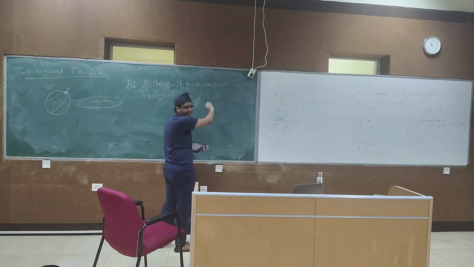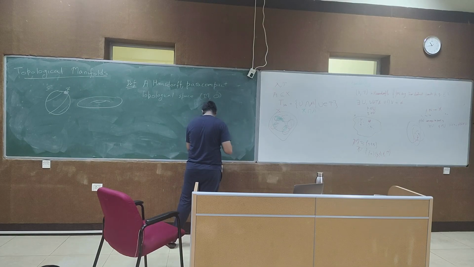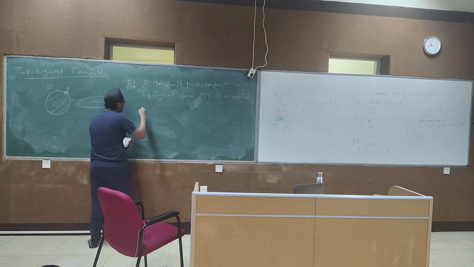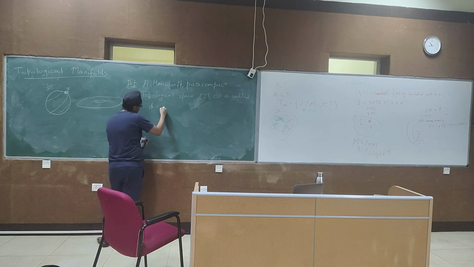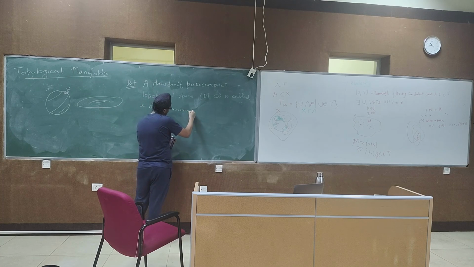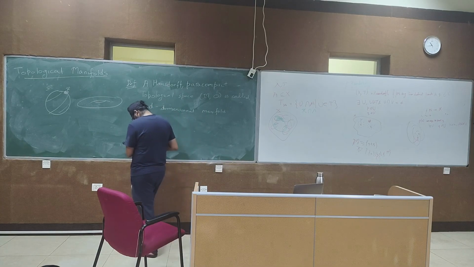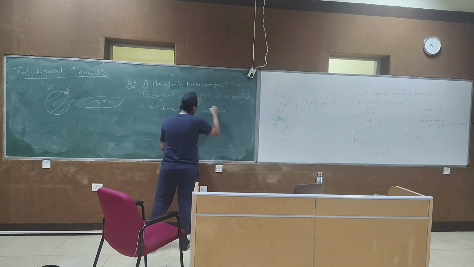I have changed the notations. I will write the set as M now and the topology as O, is called a d-dimensional manifold. By manifold, I here mean topological manifold.